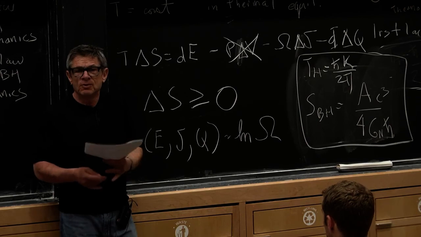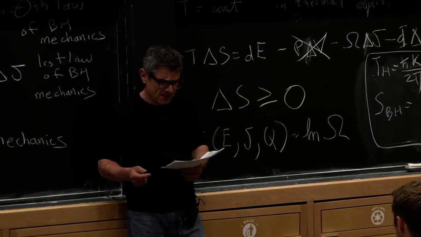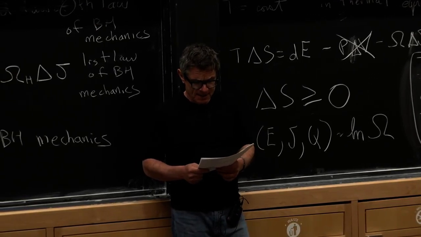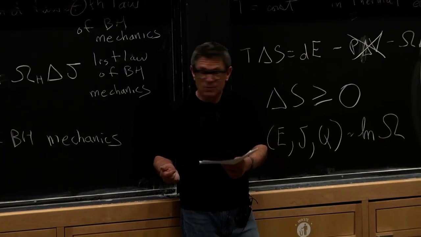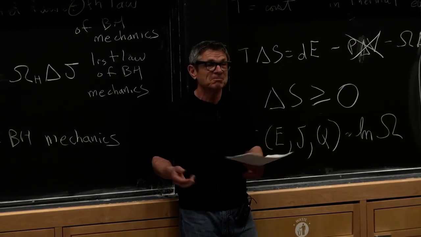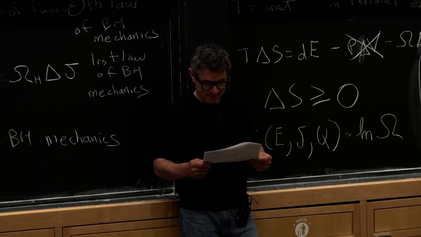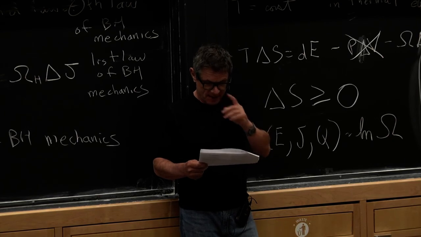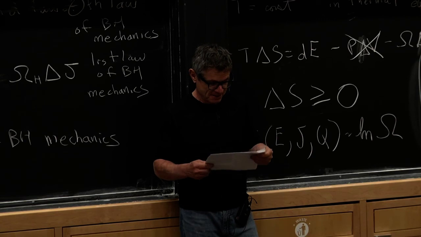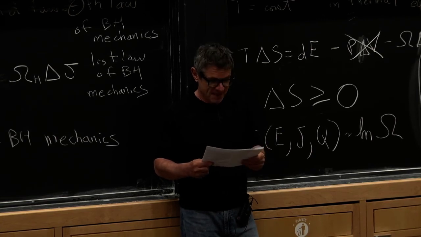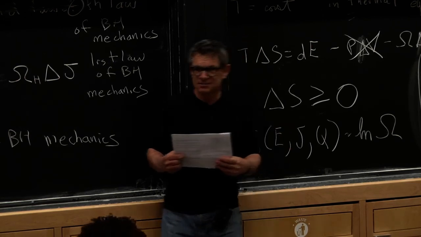Otherwise, you run into various kinds of paradoxes, notably the information paradox. And so the million-dollar question is, how do we describe the black hole microstates? And that will be another topic we'll discuss at length. It's a problem not fully solved, but one that we'll talk about in the next semester.